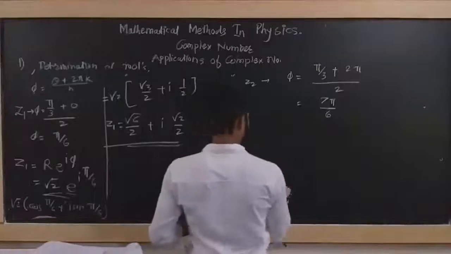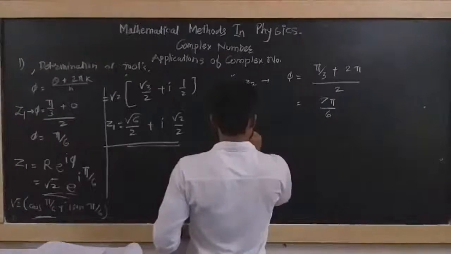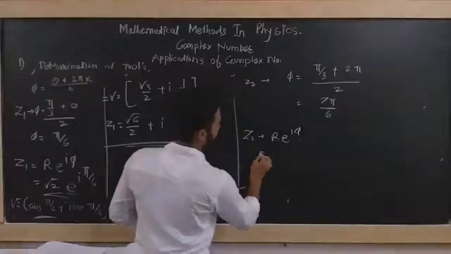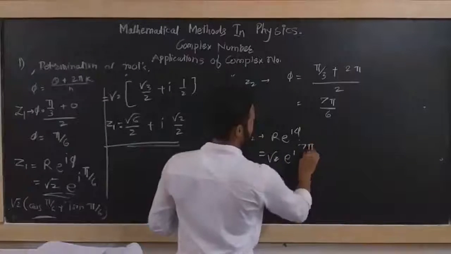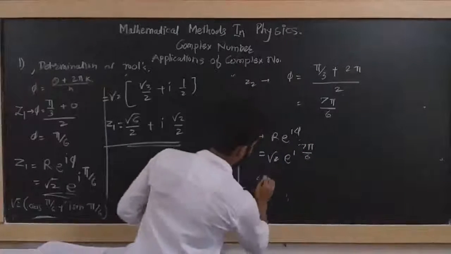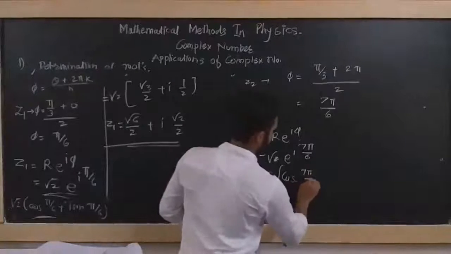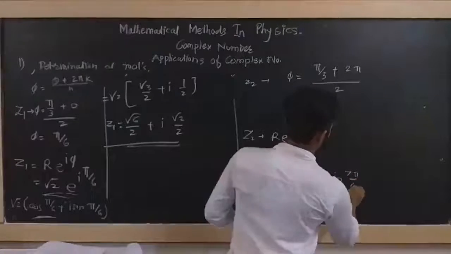So therefore again, for z2, r e raised to i phi. What is the value of r? Root 2. e raised to i 7 pi by 6. Again root 2, we can write cos 7 pi by 6 plus i sin 7 pi by 6.